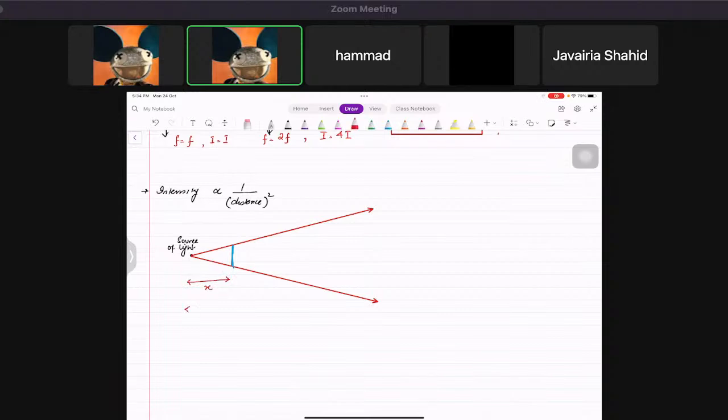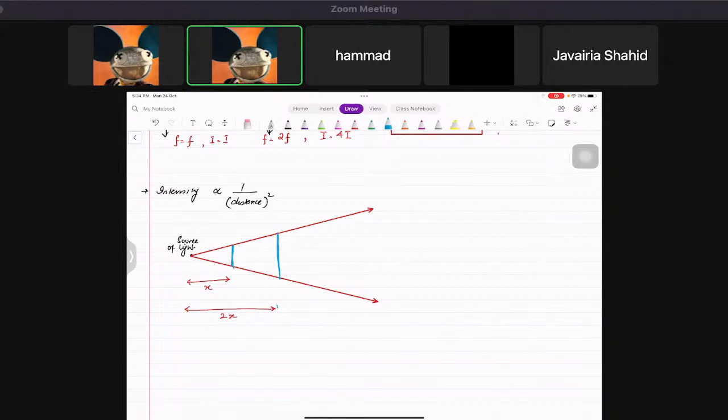So we want to know what will be the intensity at 2x distance, which is somewhere here.